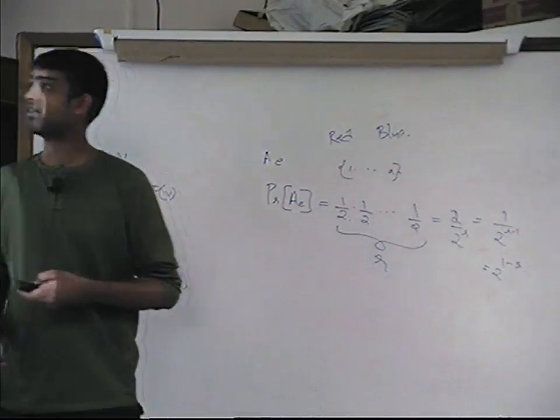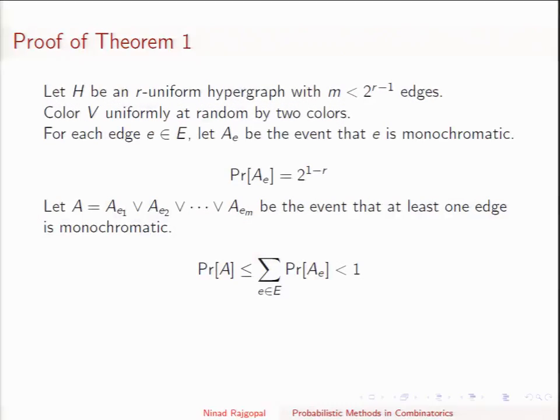Fine. Now we look at the event A, which is the event that at least one edge is monochromatic.